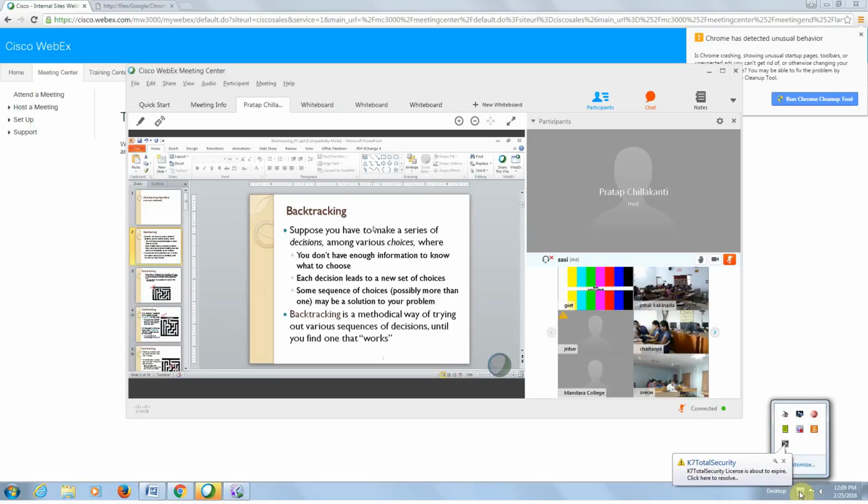Now, when you make some sequence of choices, you can either reach a dead end or you could find a solution to your problem. So you have choices, you have decisions, and then you have to take back your decision sometimes, change your direction. It's kind of like backtracking.